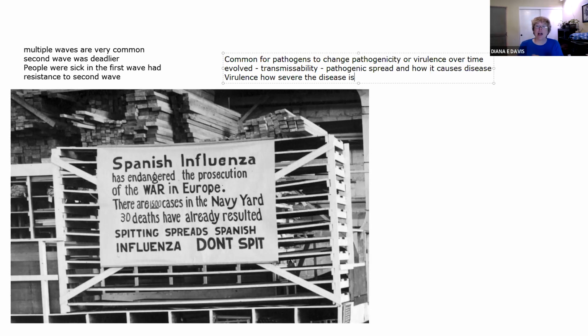And so a lot more people died from Omicron because it infected more people. But as a percentage, a case fatality rate, Omicron had a lower case fatality rate than the Delta version. We definitely saw the same thing in 1918.